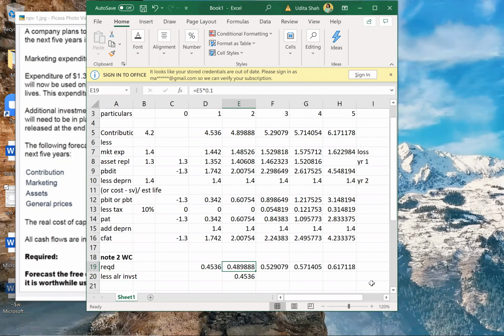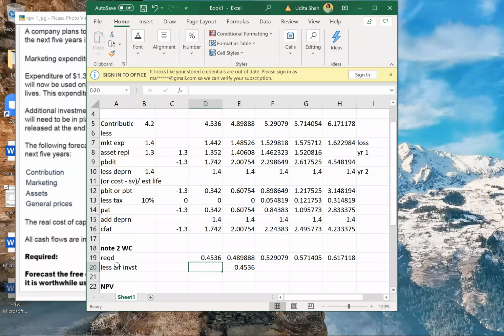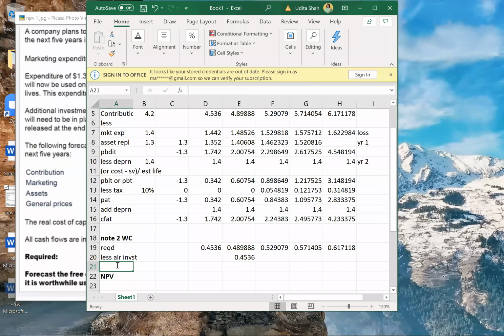So I'll get the total working capital: this minus this. In year one, there was nothing already invested, so year one is the same. Year two, 0.4898 minus year one's investment, so 0.036 is year two.